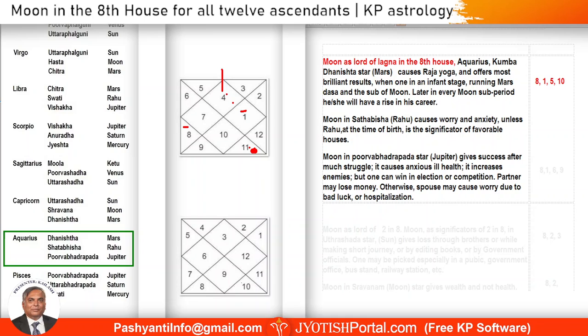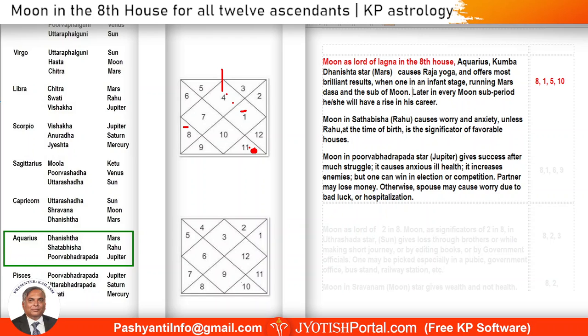The 1 and 10 combination brings a lot of recognition for a person in his or her career. And since Mars denotes authority and indicates executive power, it could be said that it's going to create a Raj Yoga.